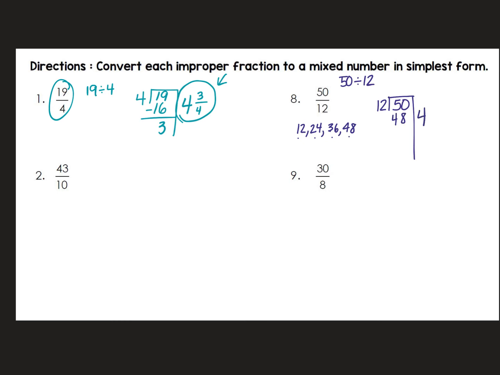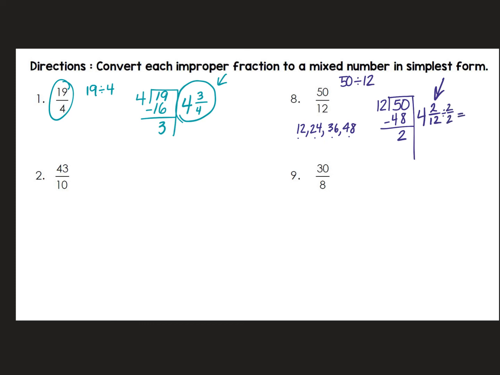Find the difference. It's 2. So I have 4 whole groups of 12. I have 2 left that I can't divide into groups of 12. Can I reduce or simplify this more? Yep. I can divide both by 2.